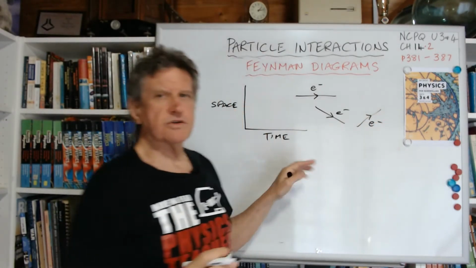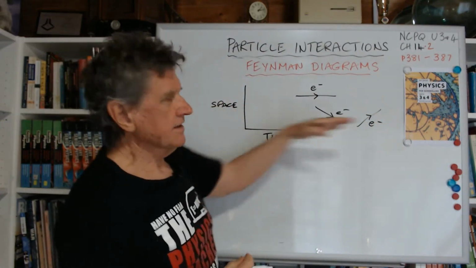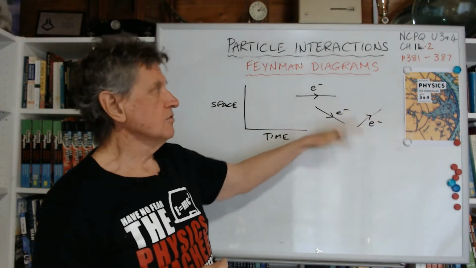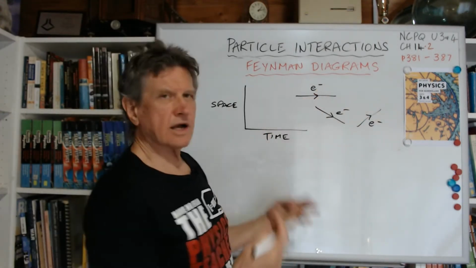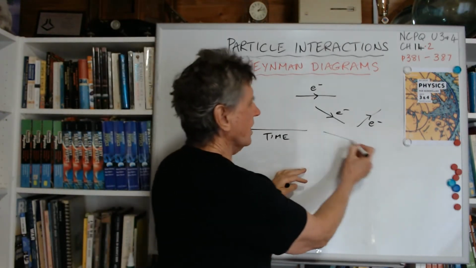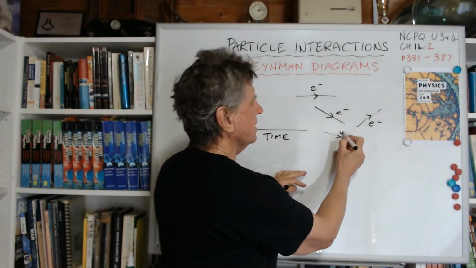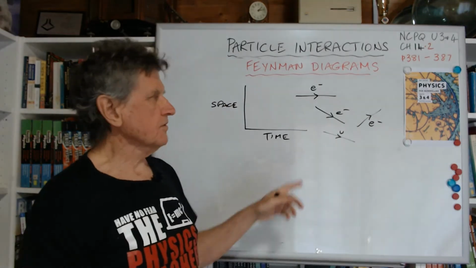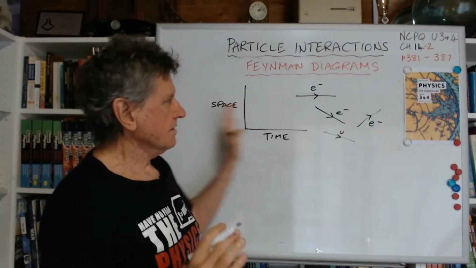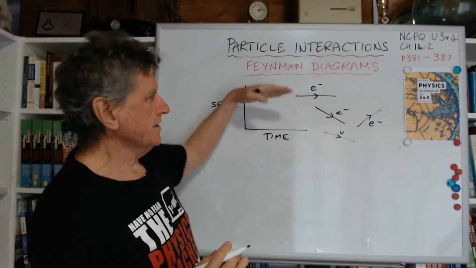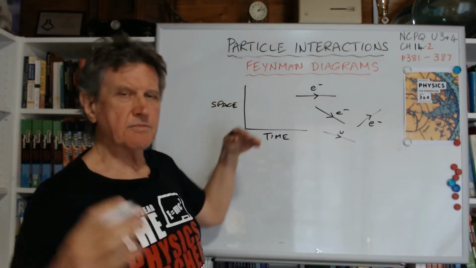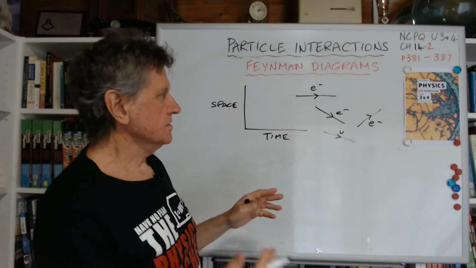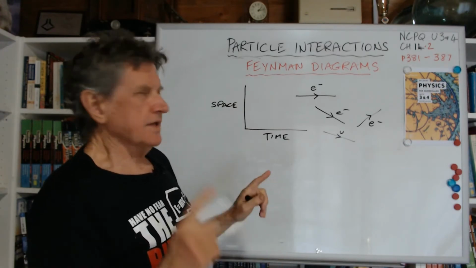Just so long as you've got the arrow going in the same direction as time for a normal sort of particle. Okay, now a quark would look the same. You might have a quark and you might say up, and that would be representing an up quark moving through time. And in terms of space, it could be stationary, but it could be moving, could be coming together or something like that. So that's the second convention.